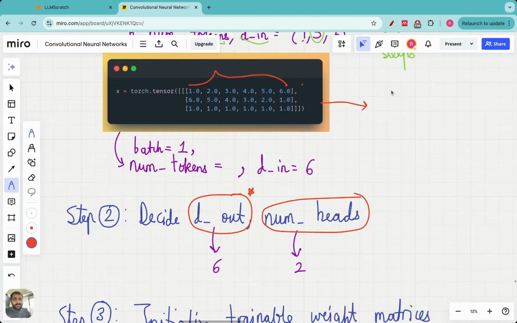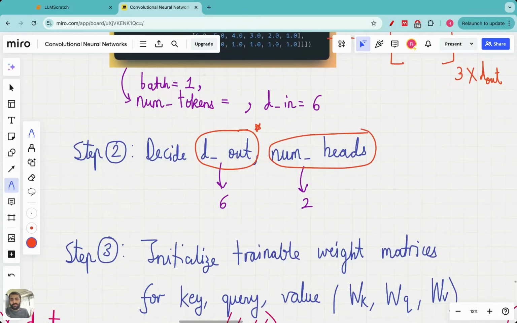So ultimately, similar to this input embedding matrix, which is 3 by 6, we will have a context embedding matrix which is 3, because we have three tokens, multiplied by d_out. So now we have to also decide what is d_out. Each token will have a context vector. What is the dimension of that vector, we have to decide.